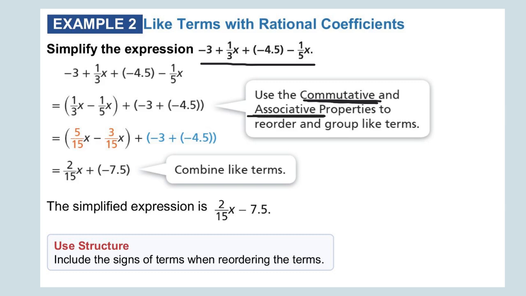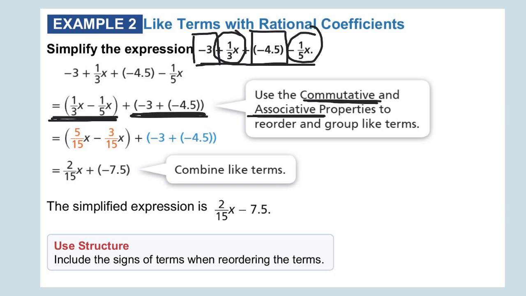All right, so they took the x's first and they counted them up, and we have 1/3 x and a negative 1/5 x, and they put it right there. They changed that negative to a subtraction sign. And we have this constant and that constant. Remember, a constant's a number without a variable. And we put them together.